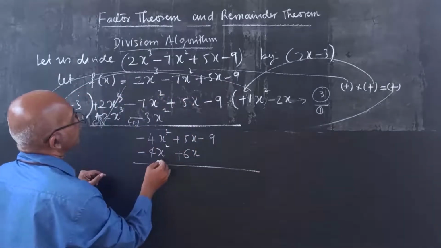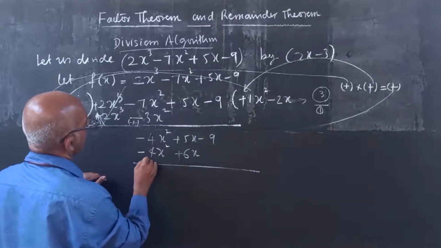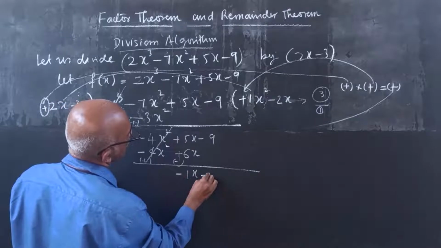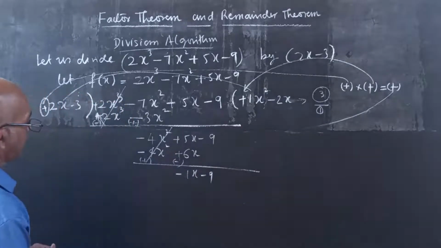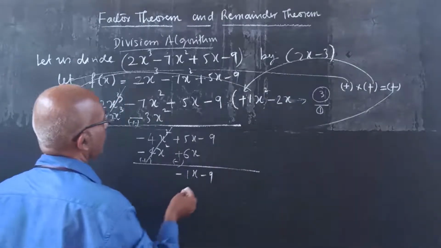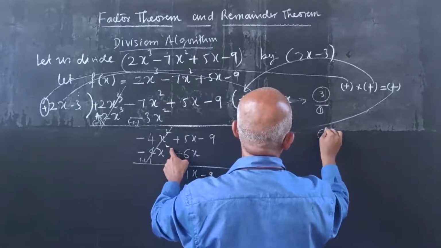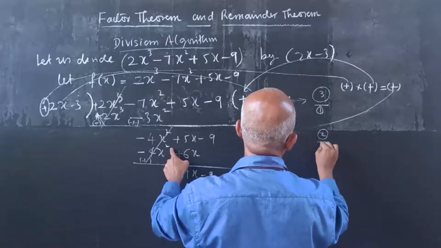Subtract. Now the plus and minus cancel, and we get minus 1x minus 9. Here the degree is 1 and the divisor degree is 1.